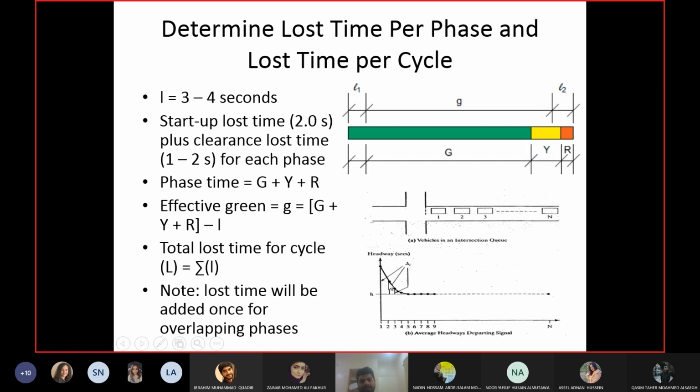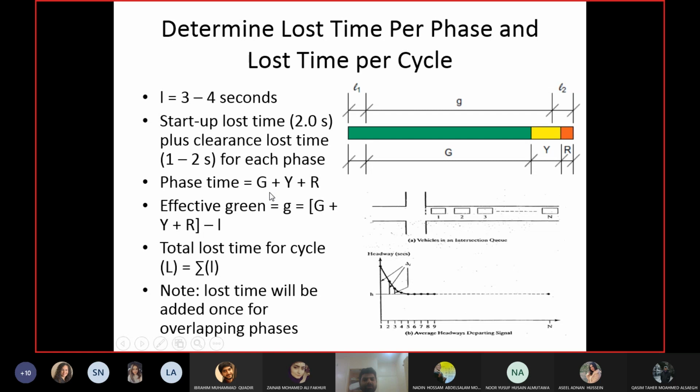This extra amount is known as startup lost time. And then we have the clearance lost time, which I've already explained to you. The clearance lost time is basically the all red time. Clearance lost time is taken as 1 to 2 seconds. Startup lost time is normally taken as 2 seconds. So 2 plus 1 or 2 plus 2 will be 3 to 4 seconds for each phase.